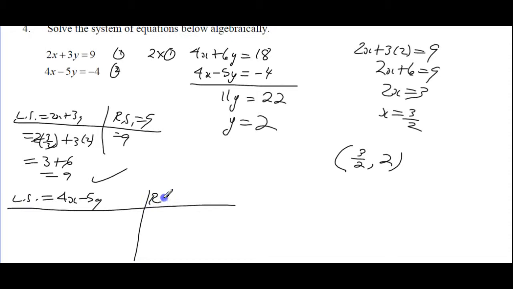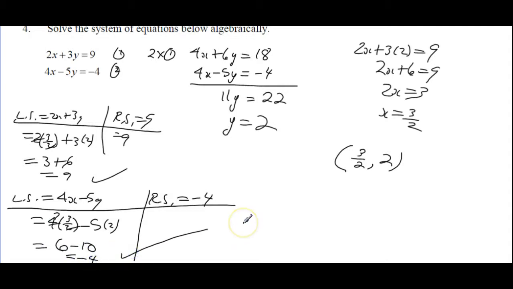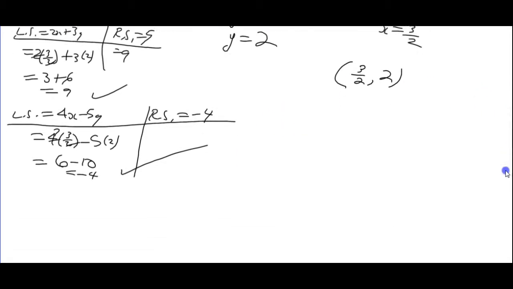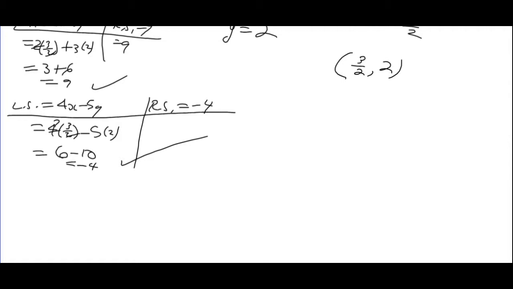The right side is negative 4. 2 times 3 halves times 2 is 6, minus 10, which is negative 4, so that checks. So we have a solution to the system, and there's one point, and that solution verifies.